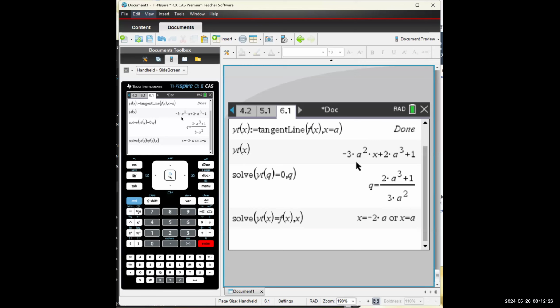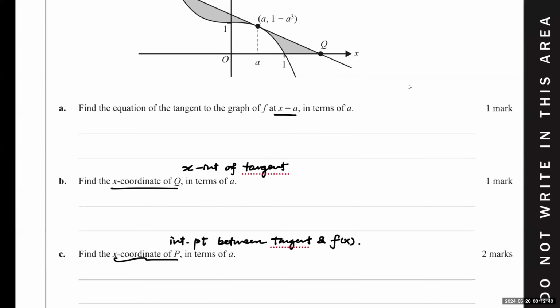Let's just transcribe everything back to the writing space. You can see I write the equation of the line in function form: y subscript t of x equals minus 3a squared times x plus 2a cubed plus 1, okay?